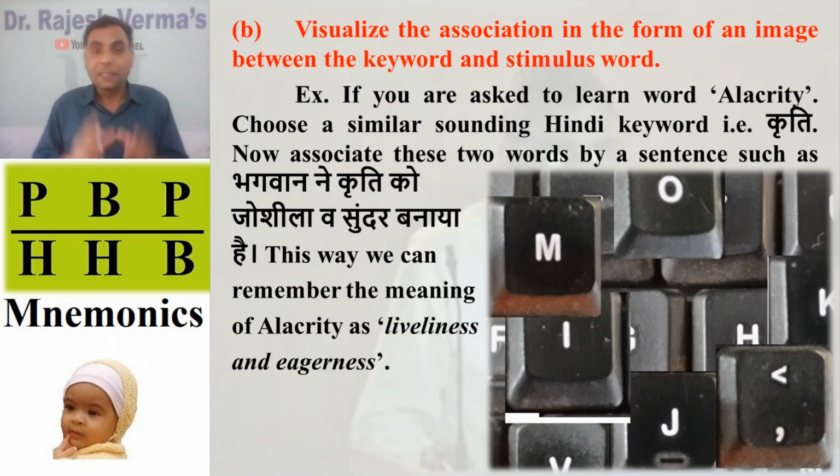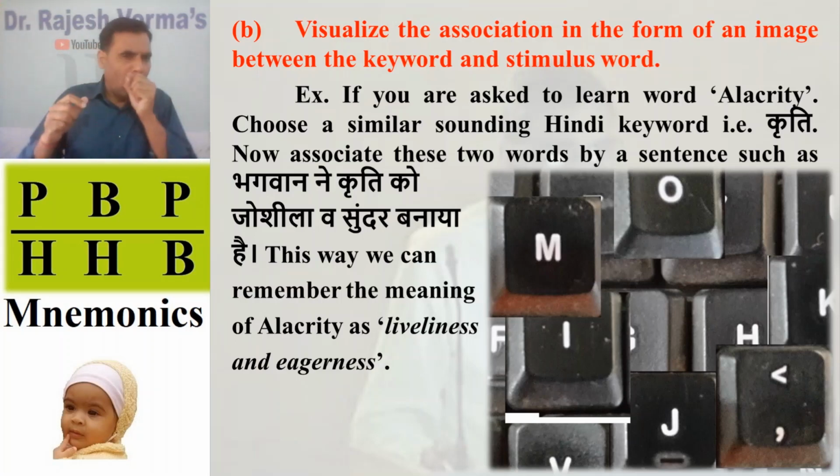In that case, you have to select a word that sounds just like alacrity. That word is kriti, कृति. Now associate these two words by a sentence such as भगवान ने कृति को जोशीला व सुंदर बनाया है. This way you can remember the Hindi sentence better.